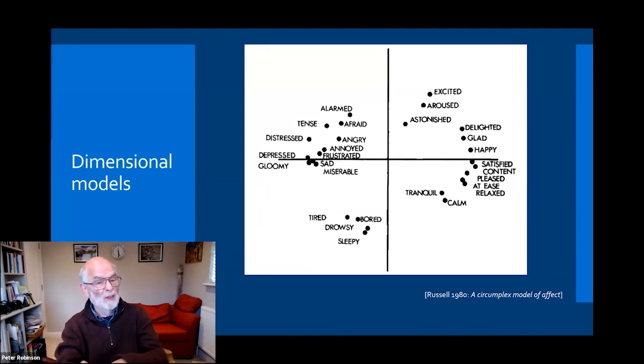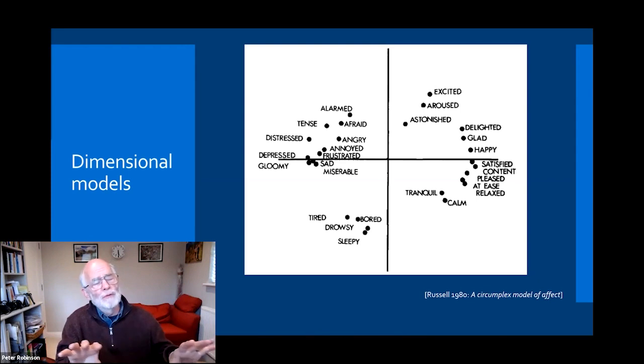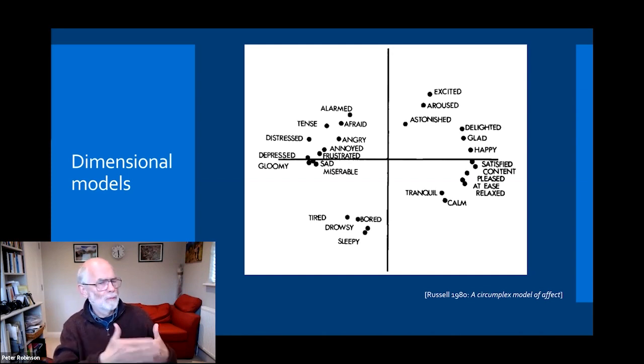Of course, that's just because he had a table that they were laying the words out on. There are also other dimensions. These two dimensions cover about 50% of the variability in the coordinates of the data. And there are other axes with much less influence. So potency, is it a weak or strong emotion?